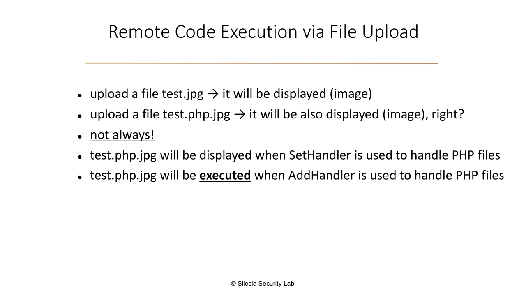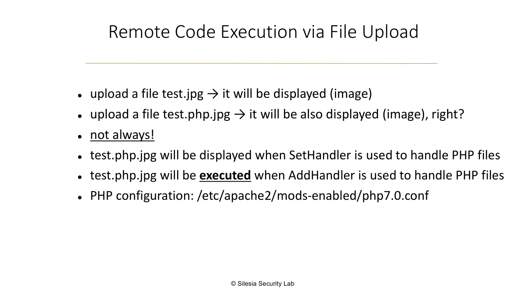So take the file test.php.jpg, put your own PHP code inside, and once it is uploaded, it will be executed when addHandler is used instead of setHandler in the PHP config file. And my PHP configuration file in my environment for PHP 7.0 is here, etc Apache 2 mods enabled PHP 7.0.conf, right? Very popular location.